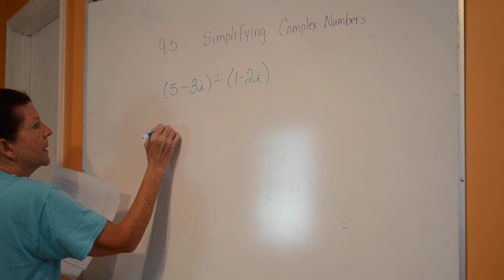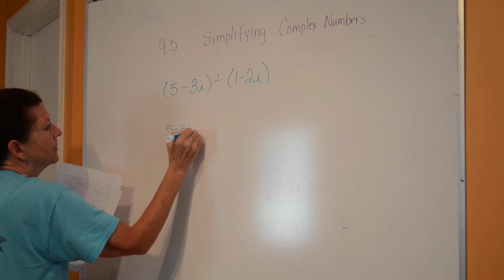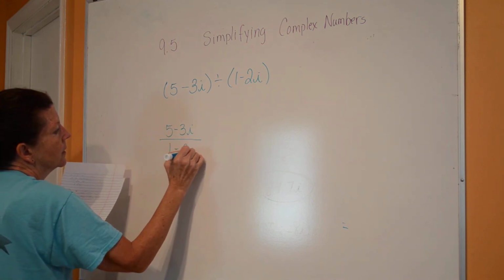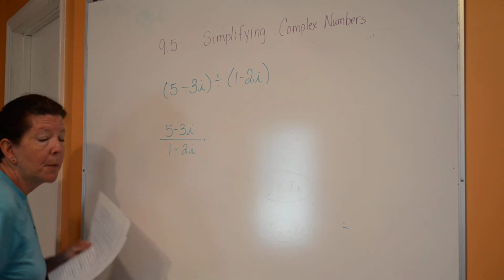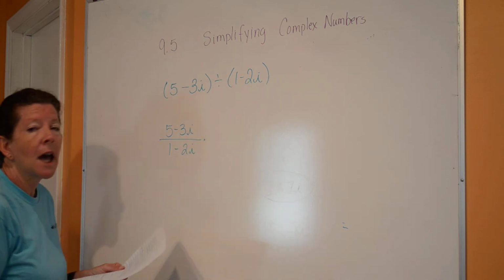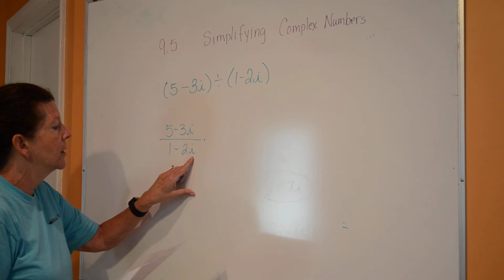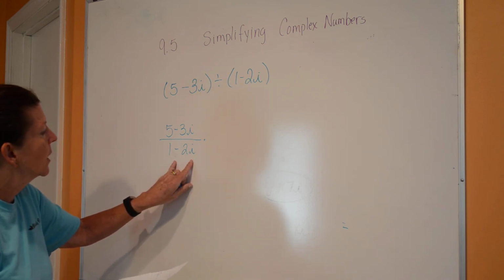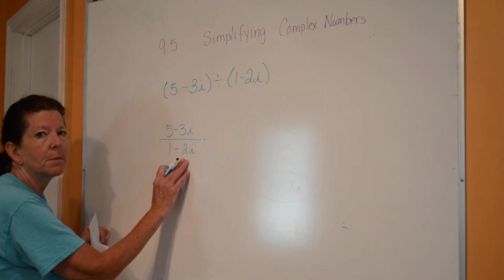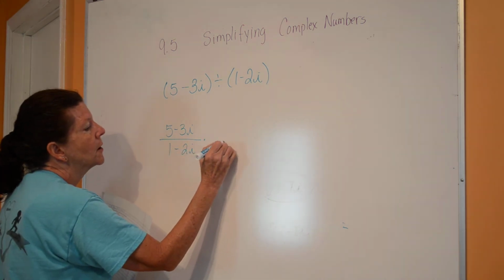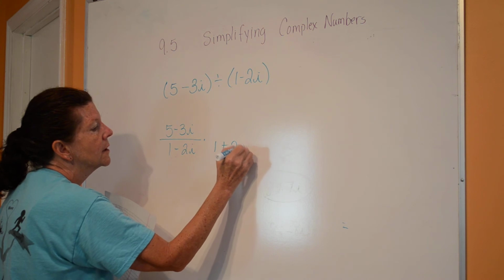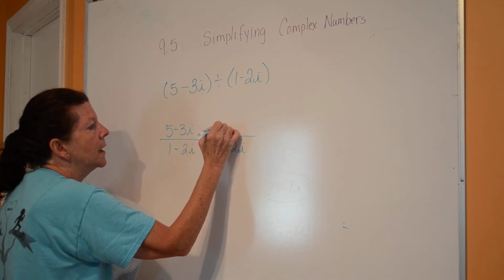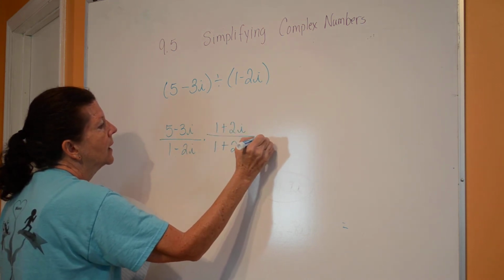I can write it up and down. Now, if you remember back from Algebra 2, you are not allowed to have an i on the bottom. It's like having a square root on the bottom. So just like with the square root, with the i, you multiply by its conjugate. So I'm multiplying by 1 plus 2i on the bottom and 1 plus 2i on the top.